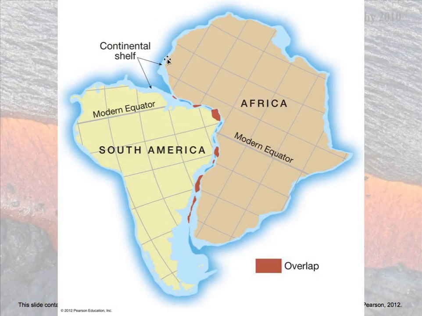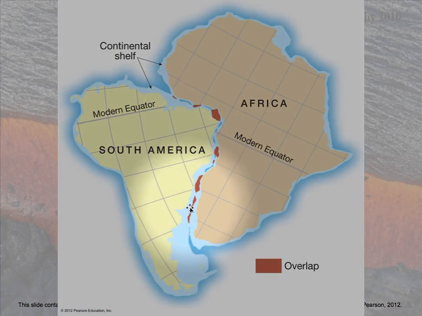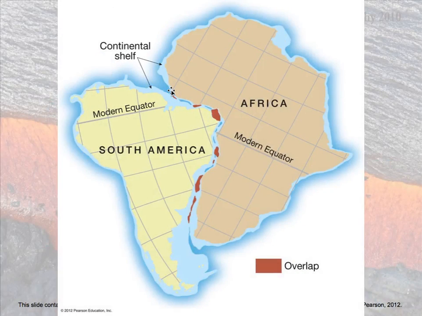However, what's even more striking is that if you factor in the continental shelf, that is the true boundary of the continental crust or the ocean crust, those fits become even more impressive. You can see here there's very little overlap in the continental shelf of Africa fitting into the continental shelf of South America.